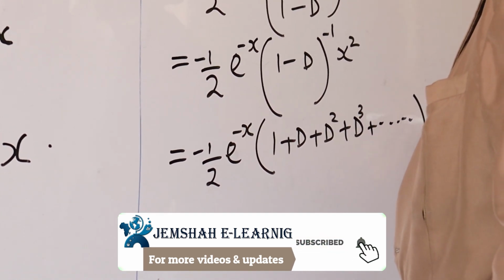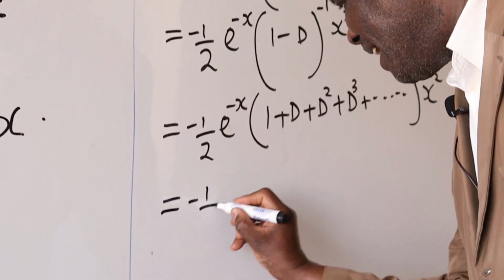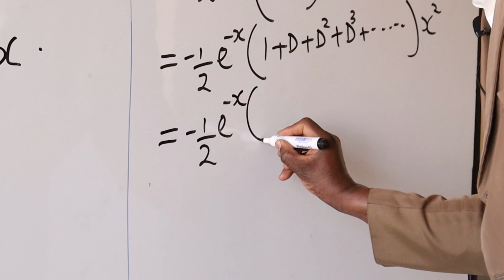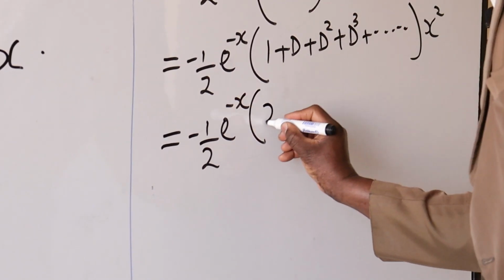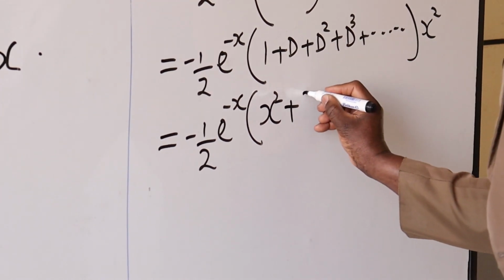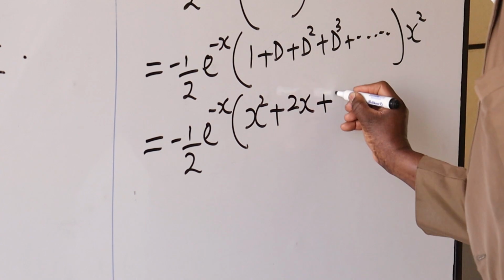This one multiplying x squared, which equals negative a half e power minus x into 1 times x squared is x squared. D times x squared is 2x. D squared times x squared is 2.